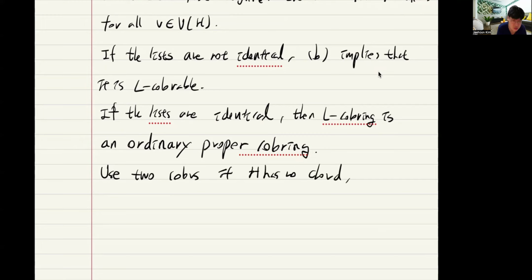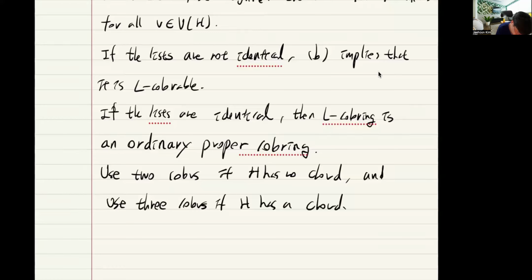And it's just an even cycle, so you can two-color. And use three colors if H has a chord. If you have an even cycle with one chord, then it's easy to check that it is three-colorable.